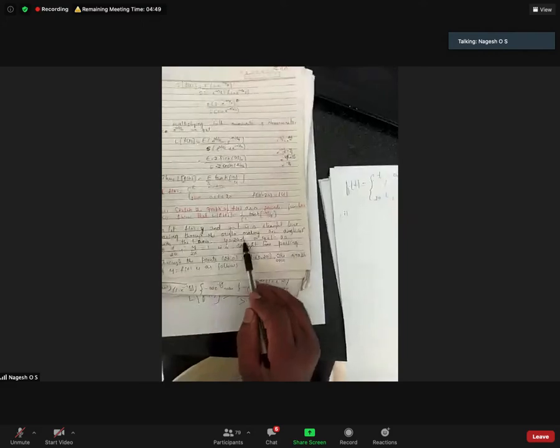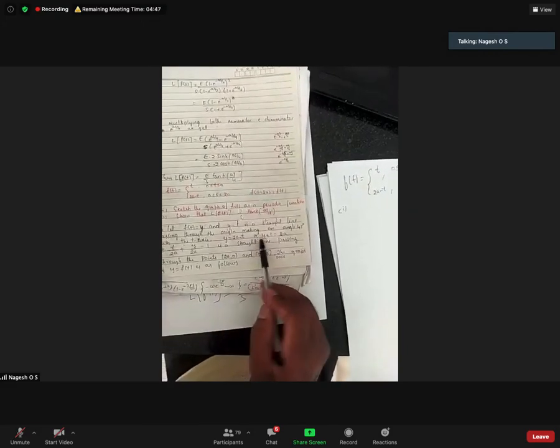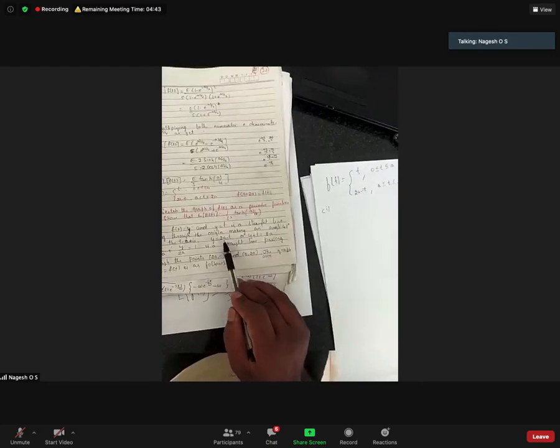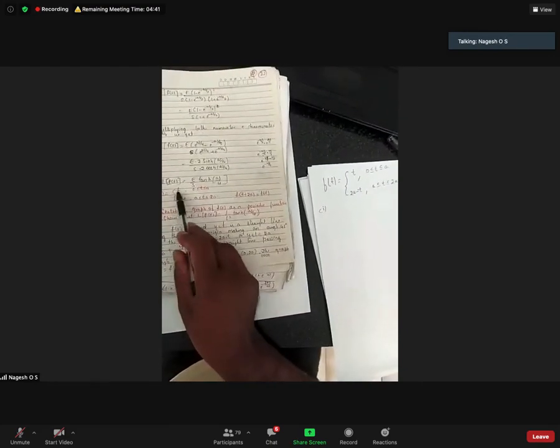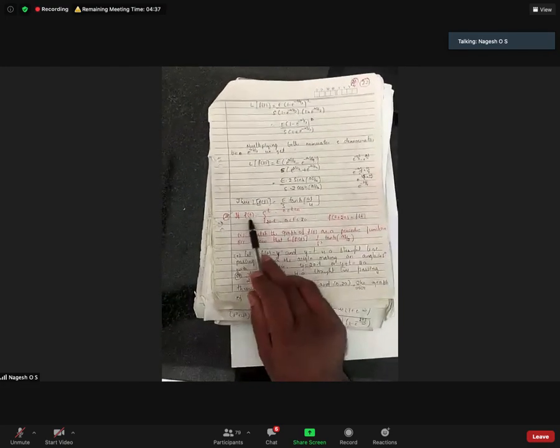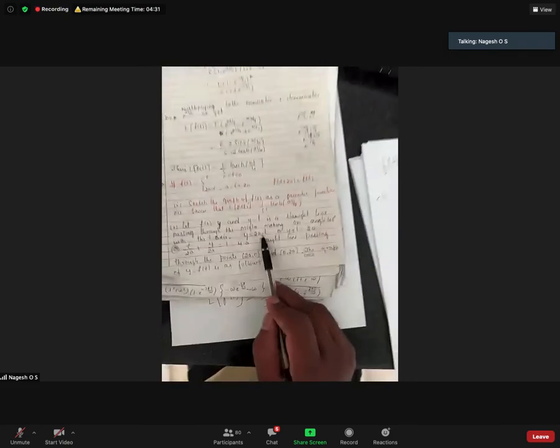Next, y equals 2a minus t. So here in place of f of t equals t, it will come to f of t equals 2a minus t. F of t is nothing but y. So I will take y equals 2a minus t. What happens?